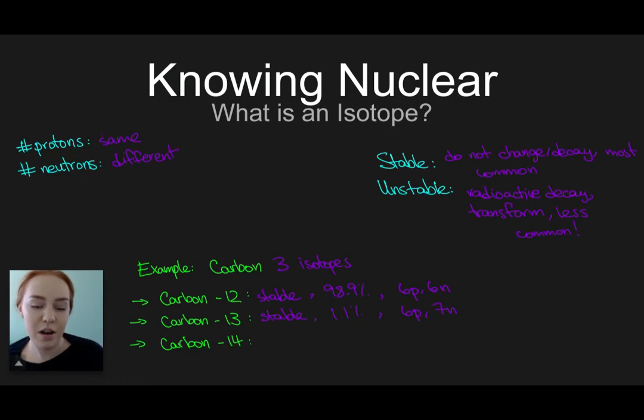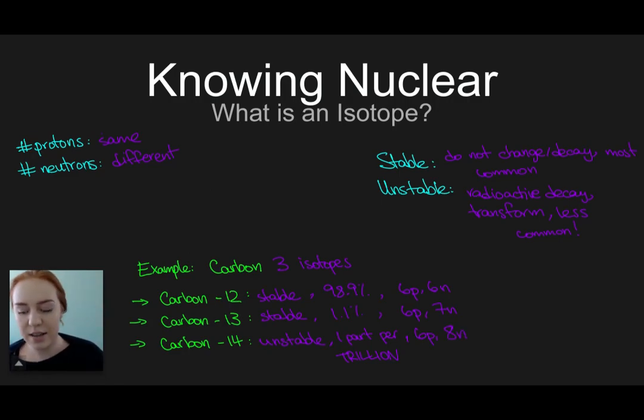Now, the third one, which is unstable, is carbon-14. It is extremely rare, making up only 1 part per trillion. So for every 1 trillion carbons, only one of them is carbon-14. Carbon-14 has 6 protons and 8 neutrons.